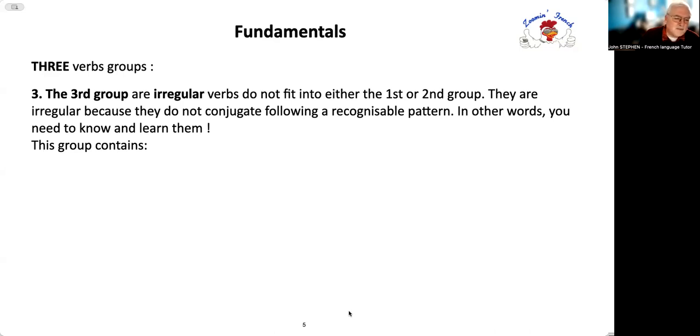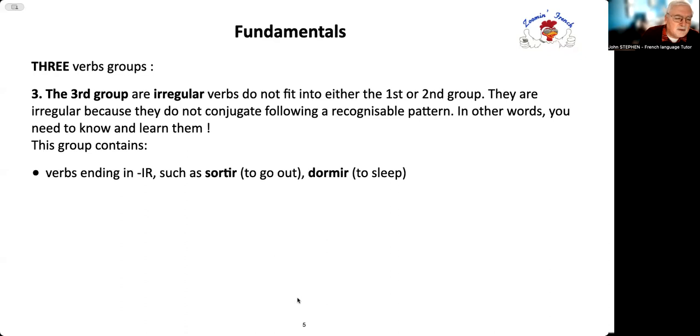So the verbs that fall into this group conjugate in a different way, a little bit of this and a little bit of that. And frankly, you've just got to know how to conjugate these. There are no particular rules. And of course, we will look at a few. So let's have a look at some of the verbs that are included here.